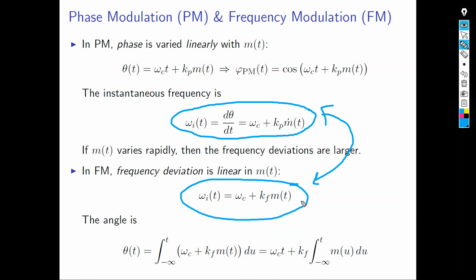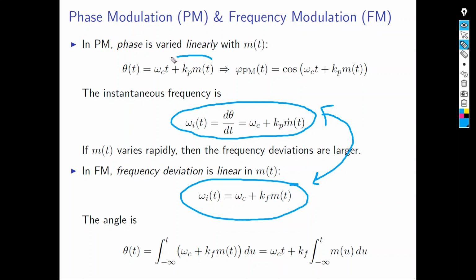If you are given this equation, you directly know that this is frequency modulation, because the frequency is changing directly with m of t. But here the frequency is changing with the derivative, so this is phase modulation, and this is frequency modulation.